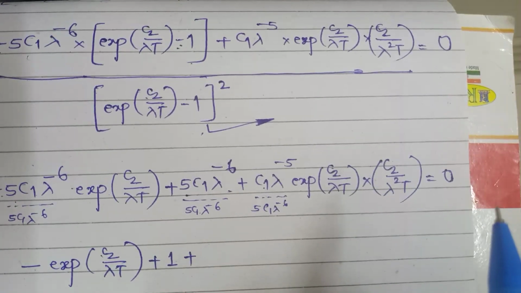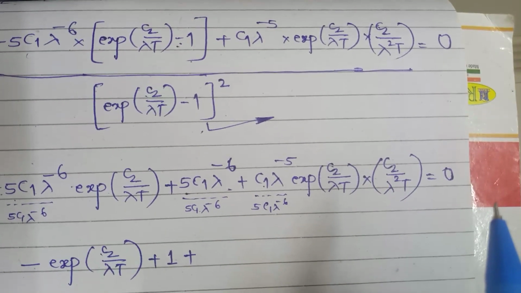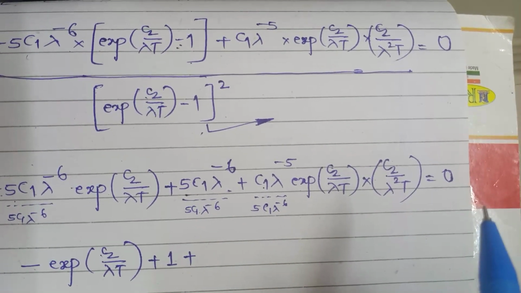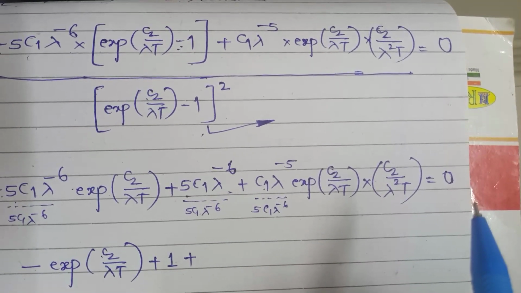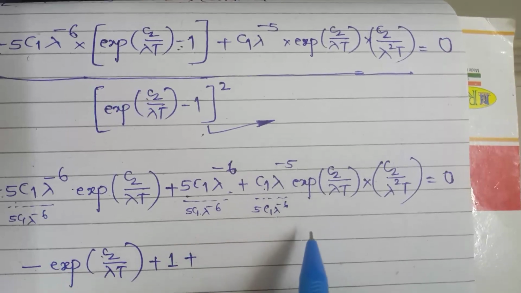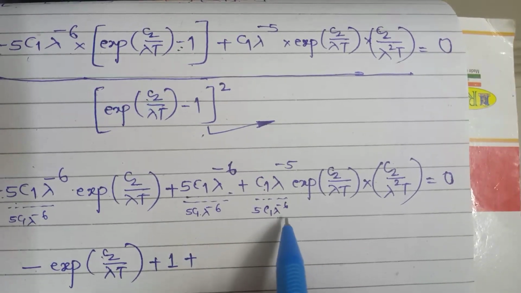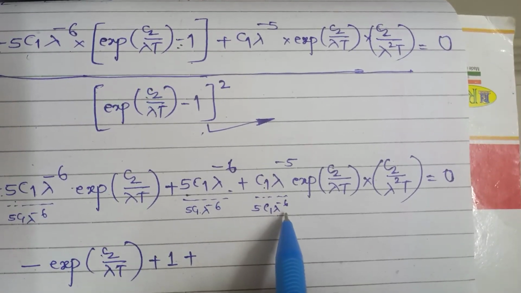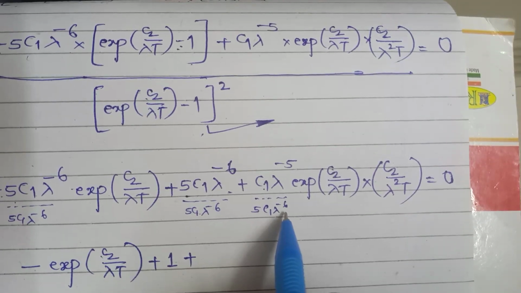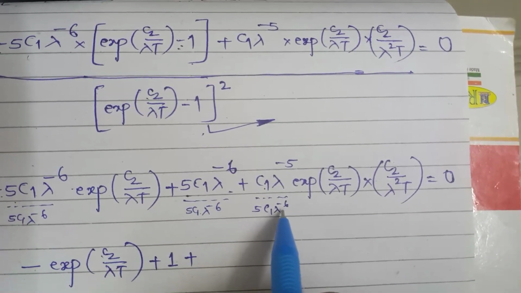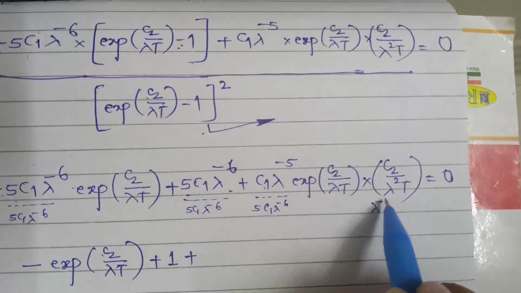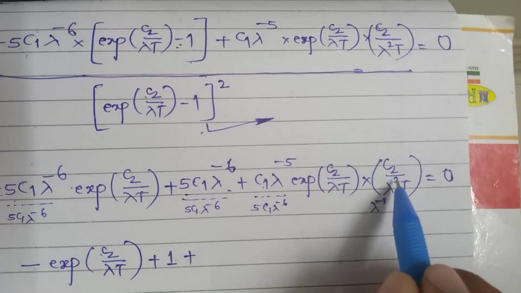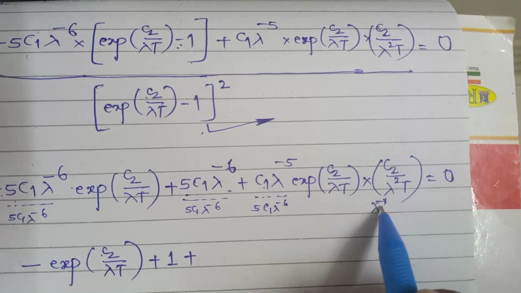So c1 will absorb each other, then 5 will be in the denominator afterwards. Now from this, one lambda will be remaining, which can be multiplied over here. So lambda raised to minus 1 can be multiplied at this point. This is lambda square, this is lambda raised to minus 1.